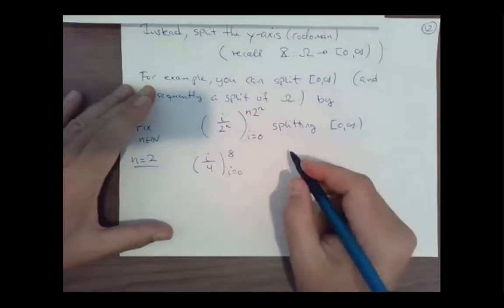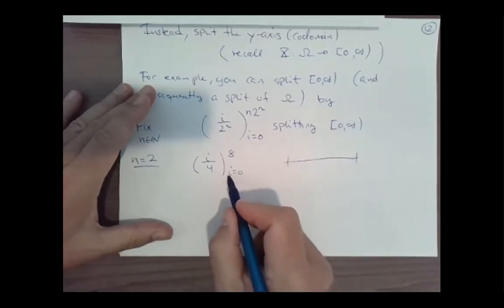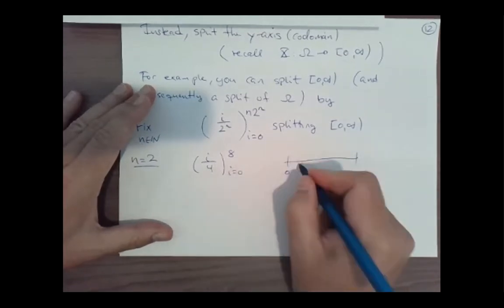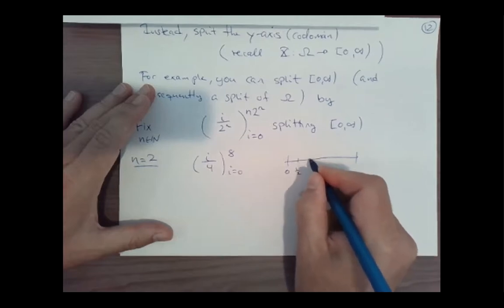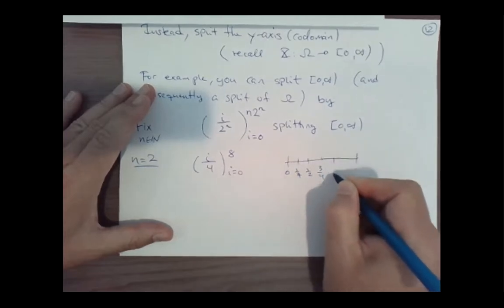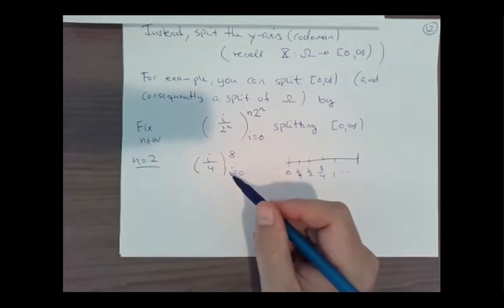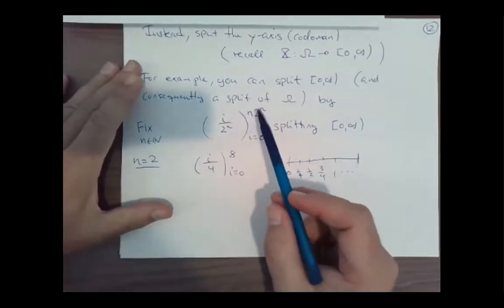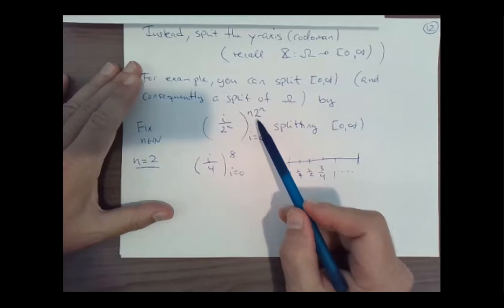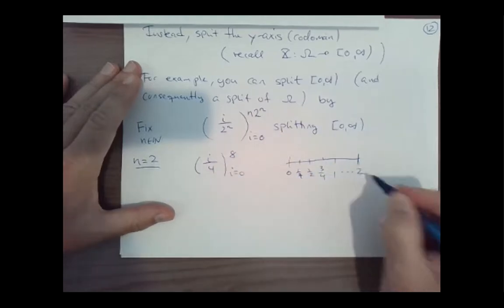So my chopping of the intervals will start at 0, and then I'll have a quarter, a half, 3/4, 1, and this will go all the way up to the last point, which will be 2.